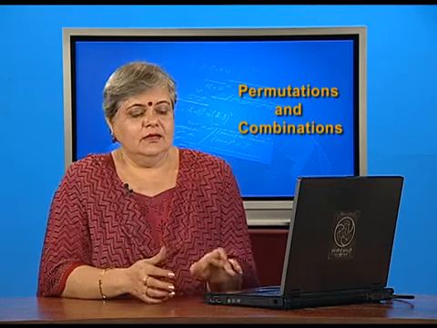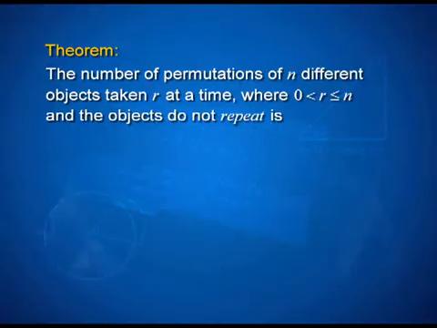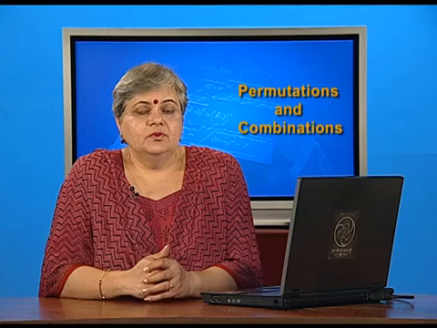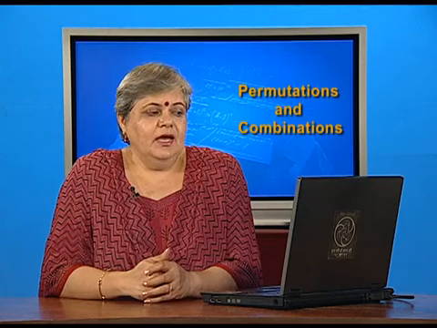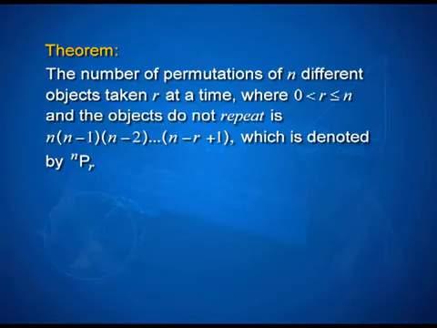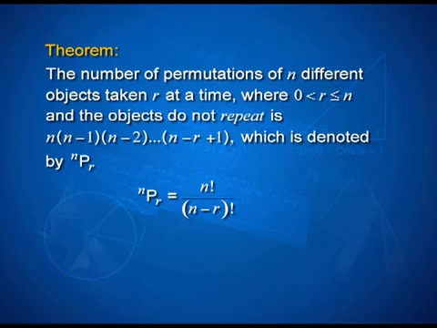The result said that the number of permutations of n different objects taken r at a time, where r is greater than 0, less than or equal to n, and the objects do not repeat, is n into n minus 1 into n minus 2 up to n minus r plus 1, denoted by nPr, and this also can be written as n factorial by n minus r factorial.